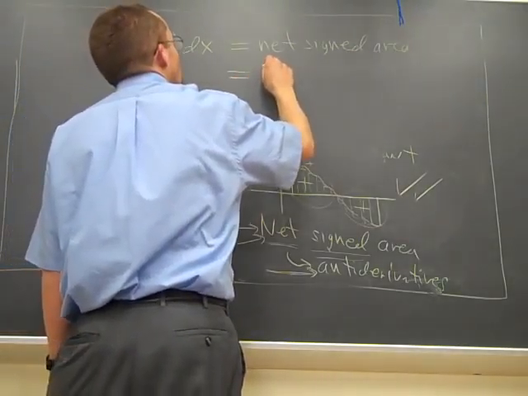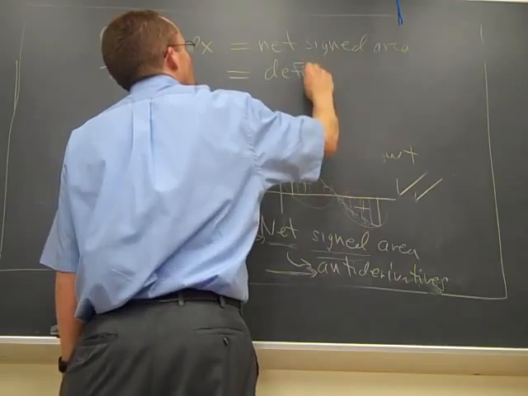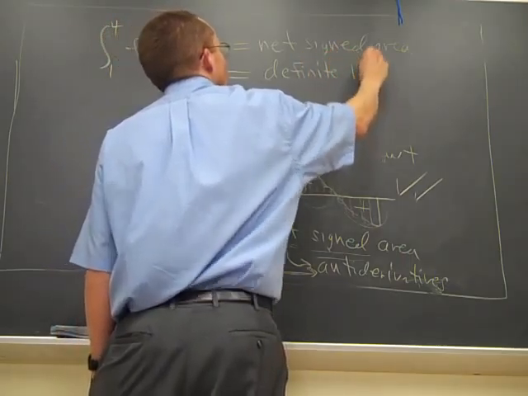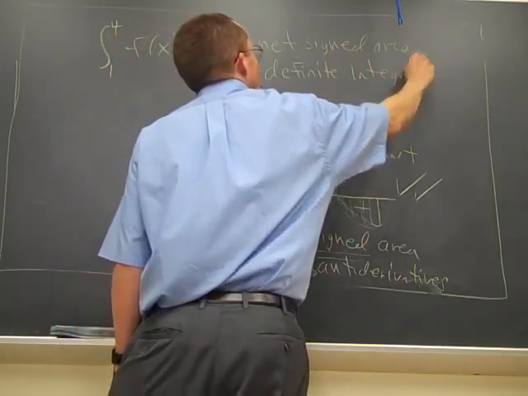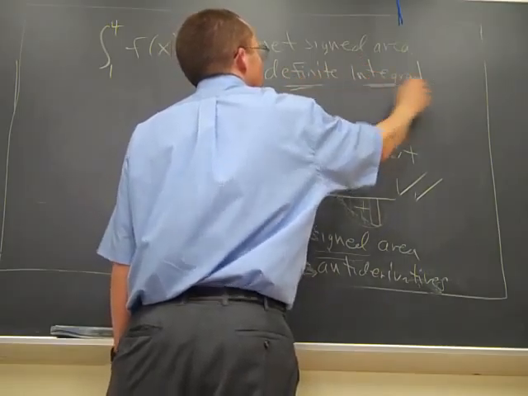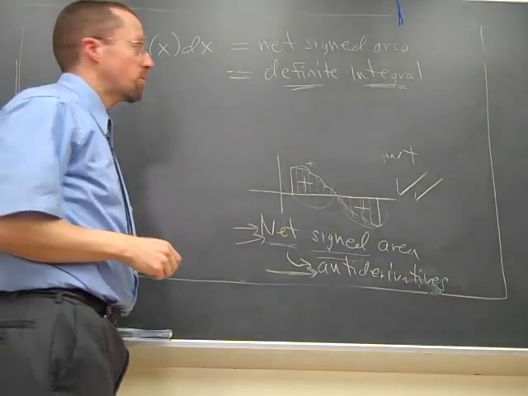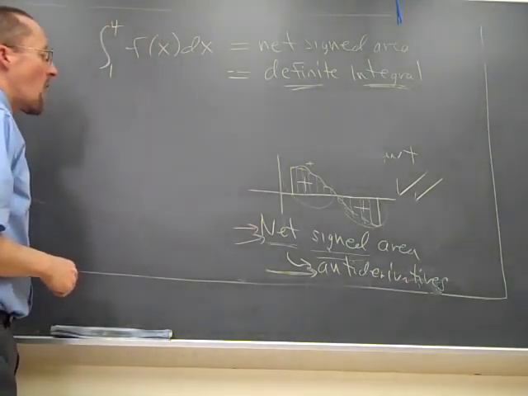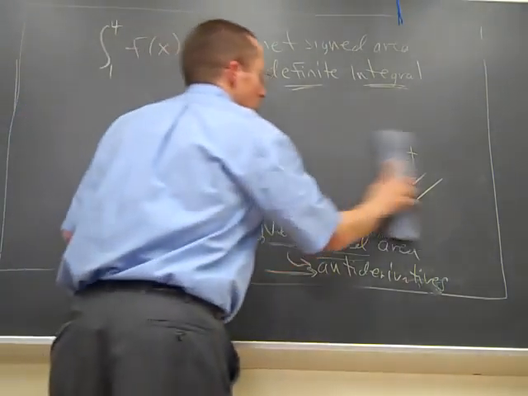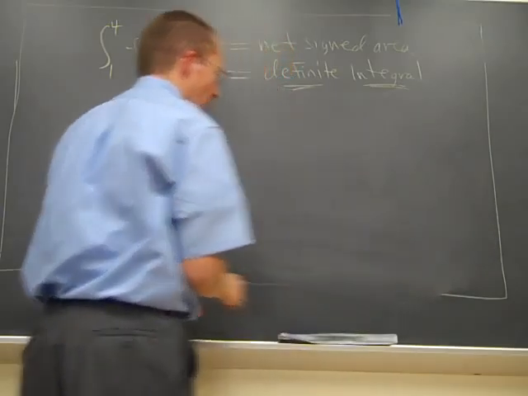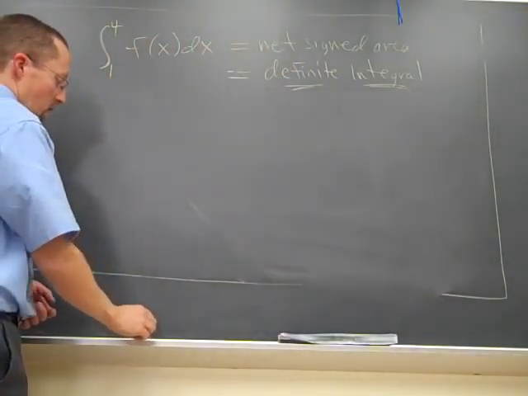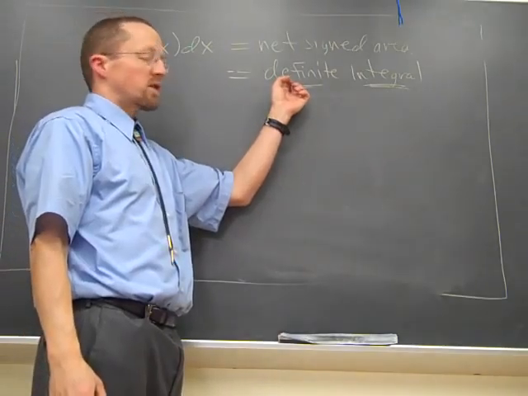Okay? And remember the terminology for this is it's called a definite integral. And that, by definition, really is the net signed area. Okay? So I think I'll separate it out into a different video some properties for this that we'd like to know.